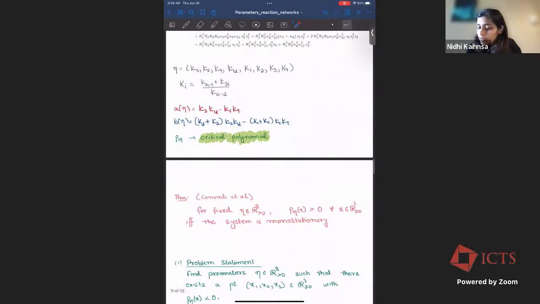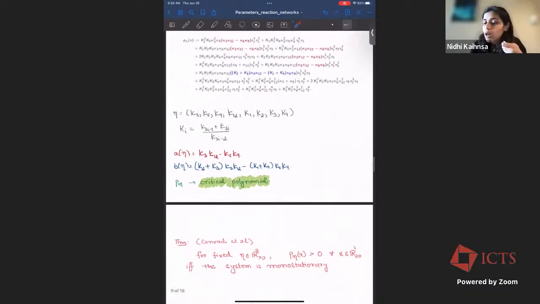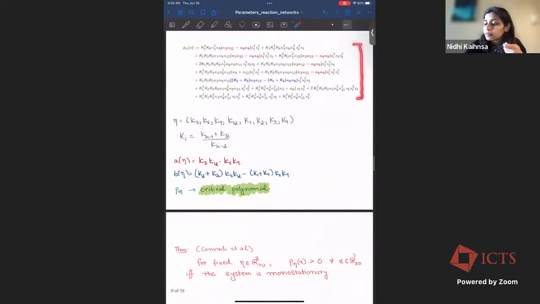So the problem statement is this: finding the parameters such that there exists a point where the polynomial takes a negative value. Varying the coefficients will give me varying polynomials.